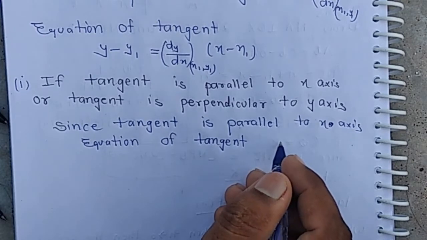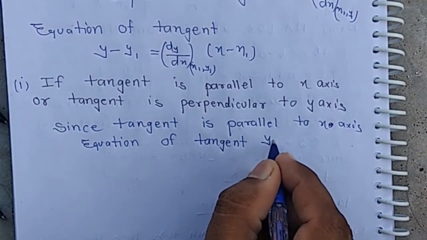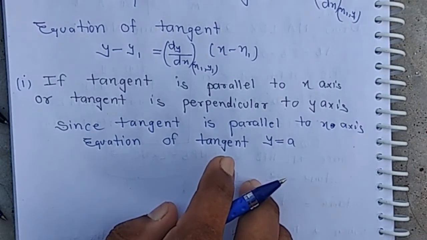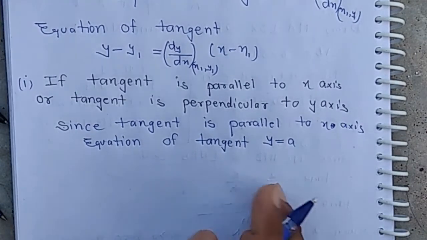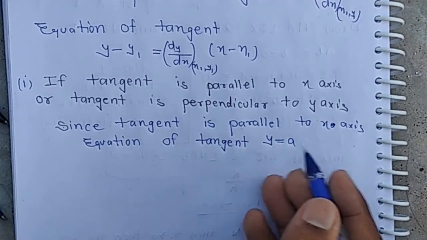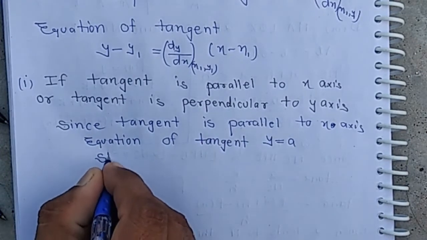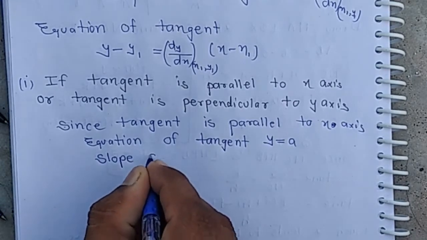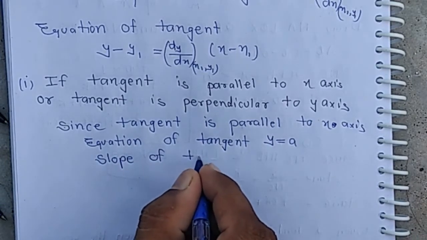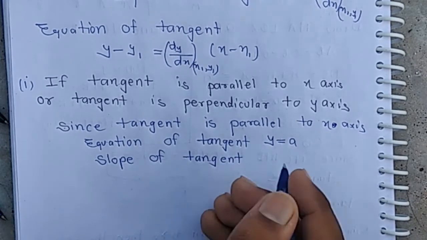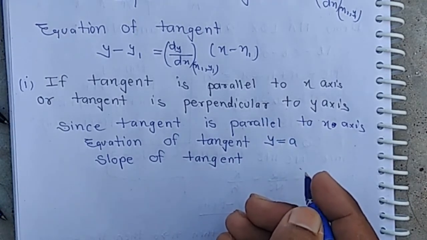The equation of a line parallel to the x-axis is given by y equal a, and parallel to the y-axis, x equal a. Then the equation of the tangent is in the form y equal a. We know that the slope of the tangent equals dy by dx.